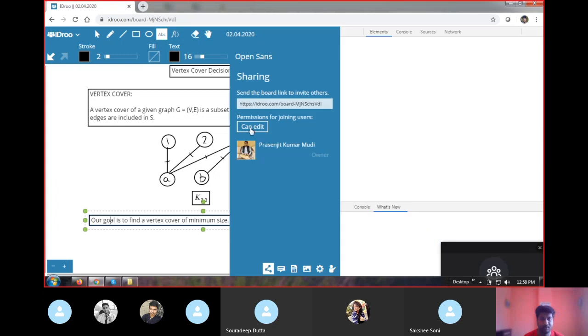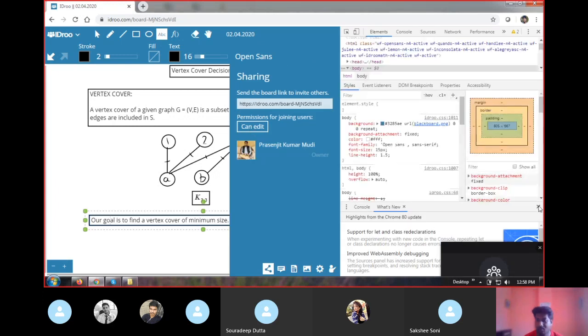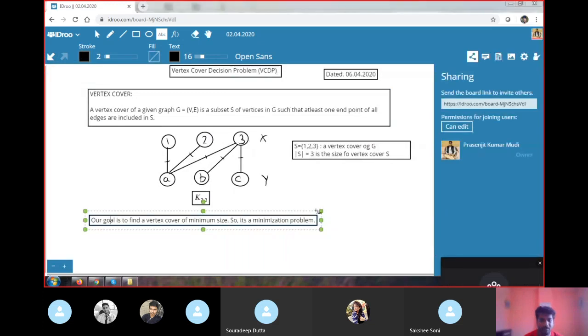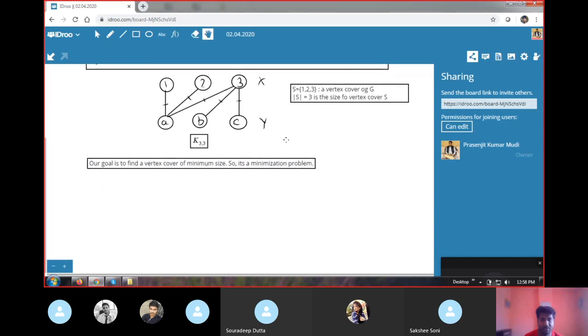So in our example, let's try to find the minimum vertex cover in the above bipartite graph.